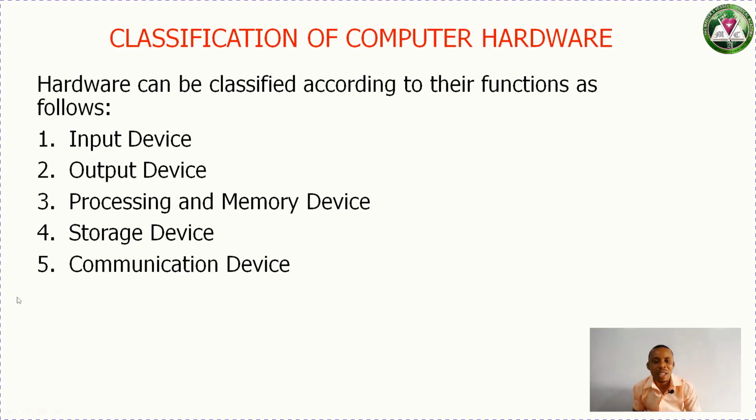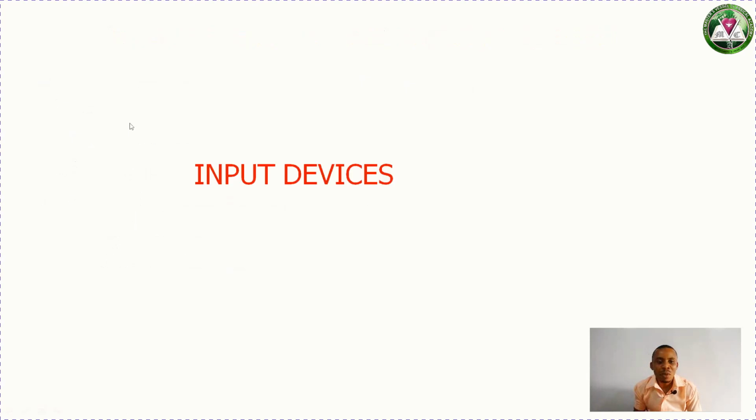We'll be taking them one after the other to know the devices that fall under input devices, the ones that fall under output devices, and the ones that fall under communication, storage, and processing devices.